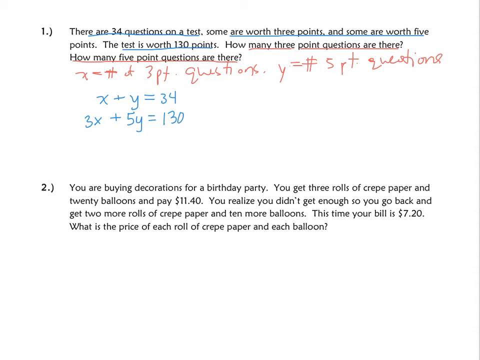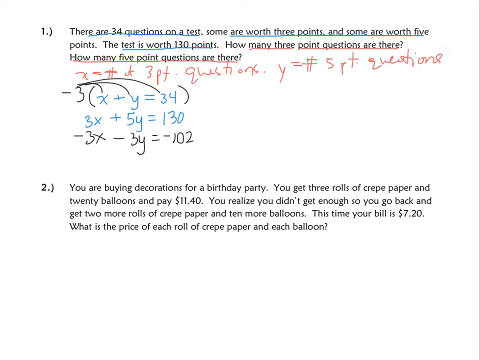So I'm just going to take this top equation and multiply it by -3, and the reason I'm going to do that is that'll give me a -3x, which will now be the opposite of the 3x in the second equation, and I have to distribute the -3 to all 3 pieces, so that gives me a -3y, and then -3 times 34 gives me a -102.